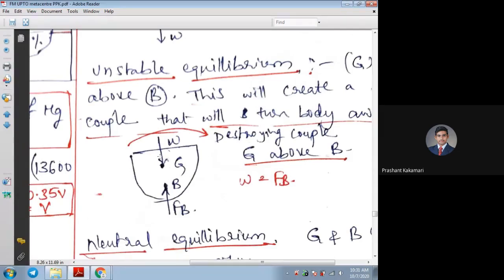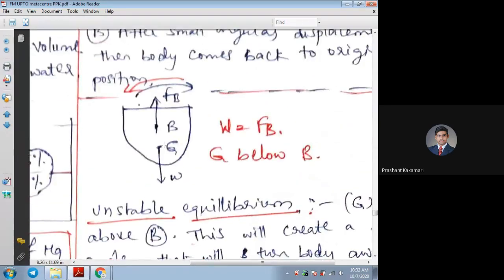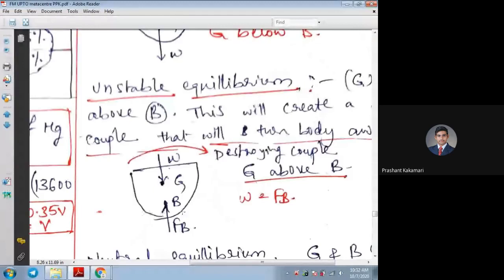So such bodies will be floating very high from the bottom surface. Or you can take this condition where the center of gravity is very high and the buoyancy point is very low. Means the top surface is very near to the liquid surface, or it will be floating such that the maximum part of the body is inside the liquid. So the stability will be more. It should not float with a very low level of water. Just for notation, we have shown the water level above these surfaces.